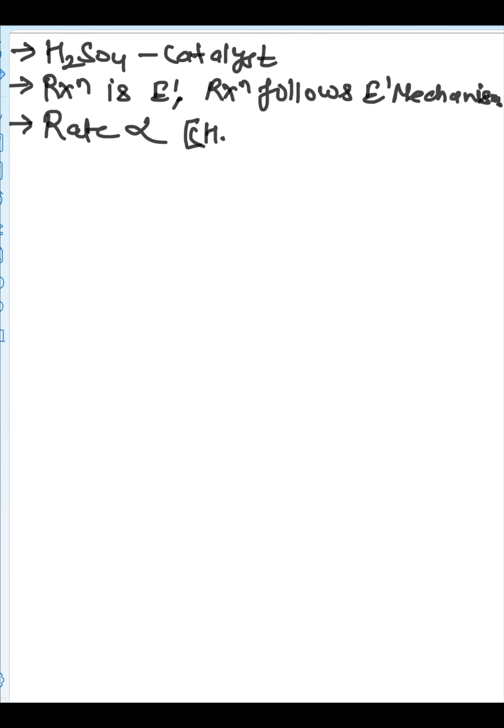Because the rate of the reaction is directly proportional to alcohol only, that means it is a unimolecular reaction. This is an experimental value.